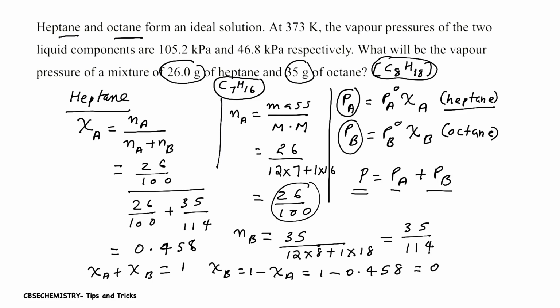You will get 0.542. See? Now we find the chi A value. What is chi A value? 0.458. And chi B value is what? 0.542. Okay, right?